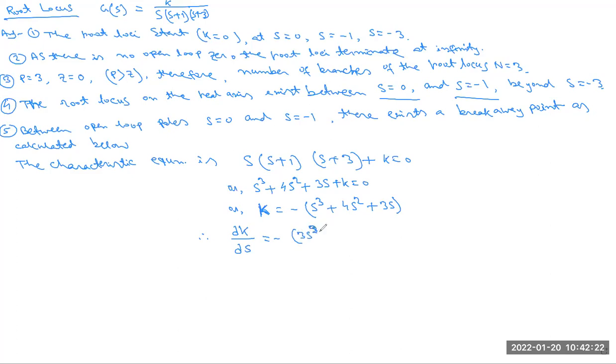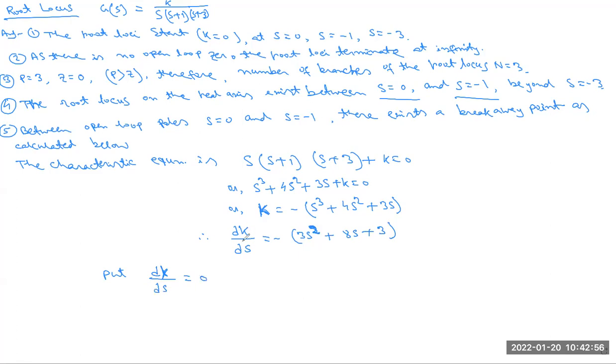Sorry, this is square, I think. For the cube we apply the rule n s to the power n minus 1. So we have to differentiate this one also. I think 8s is coming, and the constant is 3. Again, we put dk/ds equal to 0.